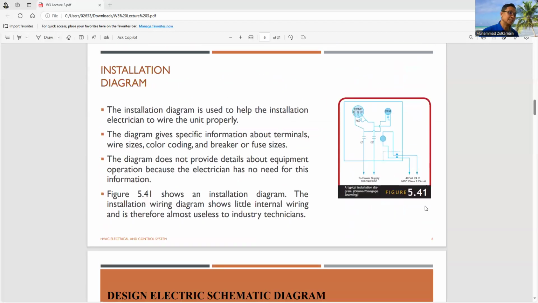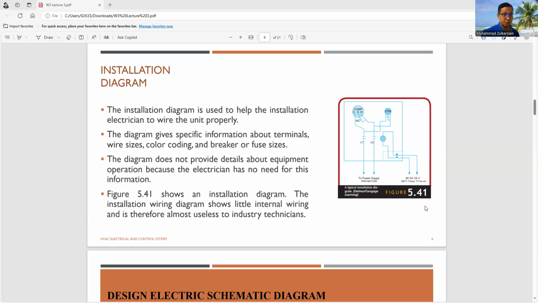And then the last is the installation diagram. The installation diagram is used to help the installation electrician wire the unit properly. It means the installation diagram is used by the wireman technician. They need the installation diagram to install the wiring system.